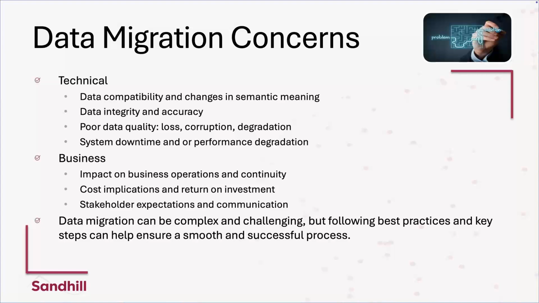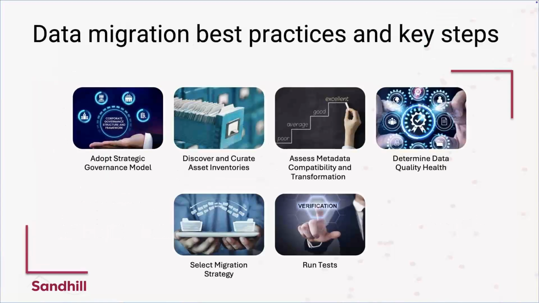So data migration can be complex and challenging, but following a best practices guide and key steps can help ensure that the process goes smoothly. So let's take a look at what those processes might involve. Now here, we're not really trying to dictate what you should do. This is just an example of different approaches to doing data migration. But there's essentially 6 different processes.